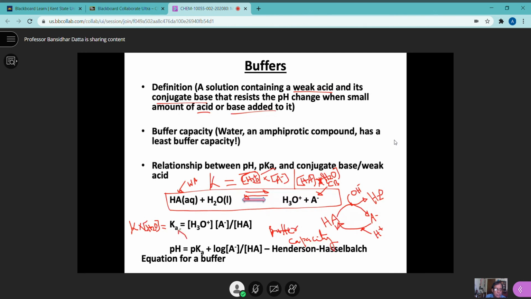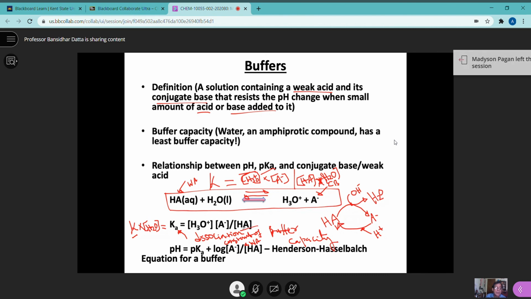So that's a Ka, and that's K equilibrium multiplied by concentration of water, and that is equal to concentration of hydronium ion multiplied by concentration of conjugate base divided by concentration of undissociated acid.